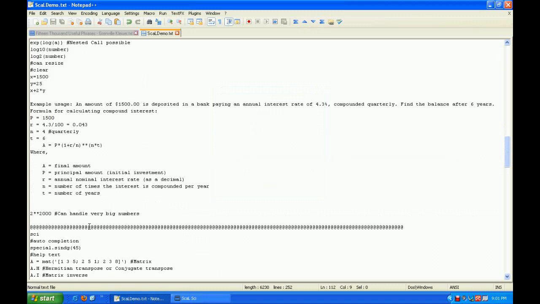Then as we can create variables and manipulate, we can use them to solve mathematical problems like, say, a compound interest problem.